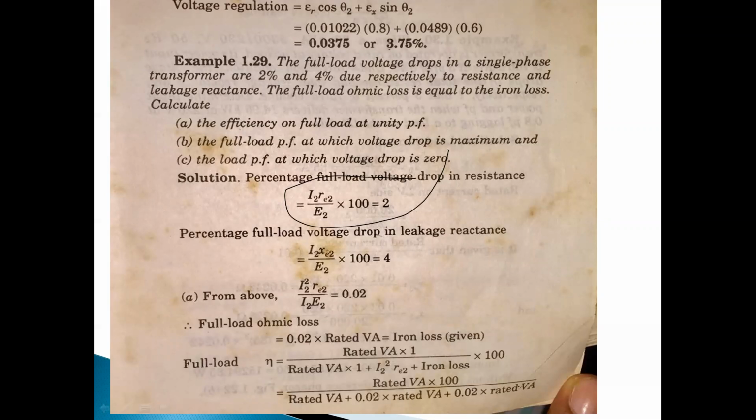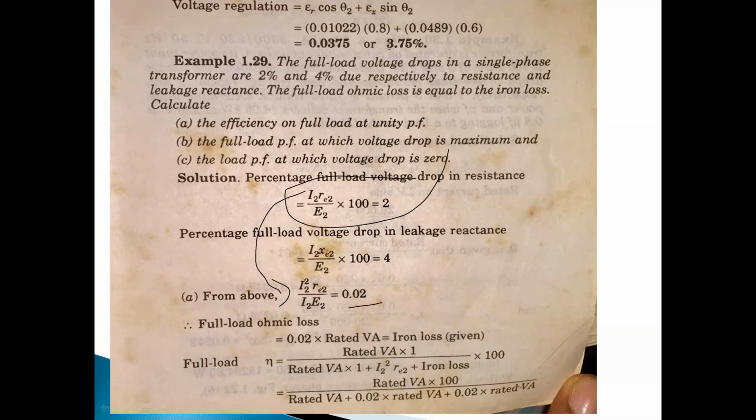Multiply both numerator and denominator by I2, giving I2 square R equivalent of 2 over I2 E2.